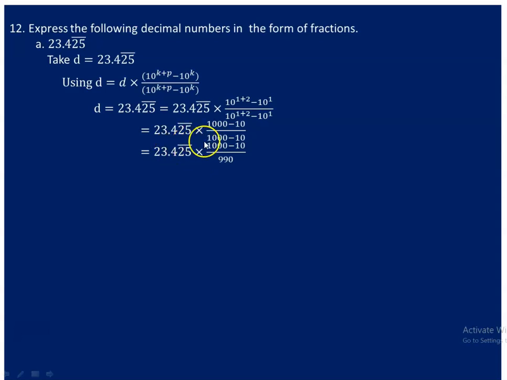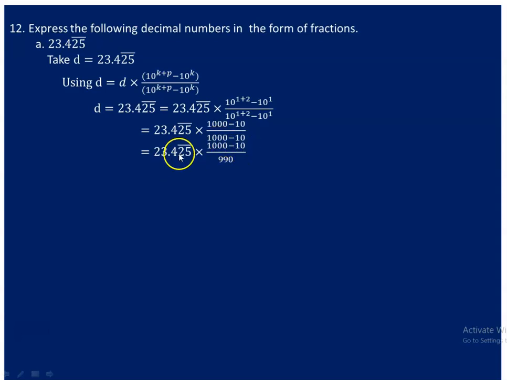So as you are multiplying this by 1000, this is going to be 23,425.25 repeating. What about as you are multiplying by 10? Look, as you are multiplying by 10, you need to move this decimal point to the right by 1 unit. Reason, passing through 1 digit. Reason, because we are multiplying this by 10. You see, here in 10 we do have 1 zero. The number of digits you need to pass through as you are moving to the right depends on the number of zeros you are having here.